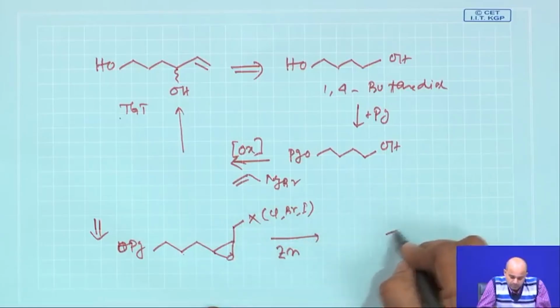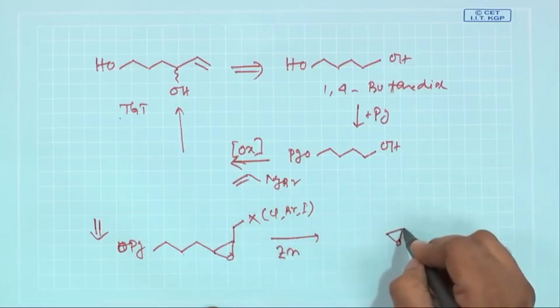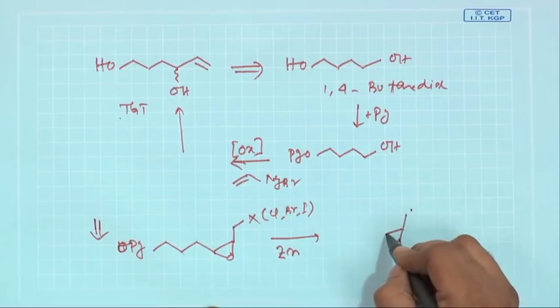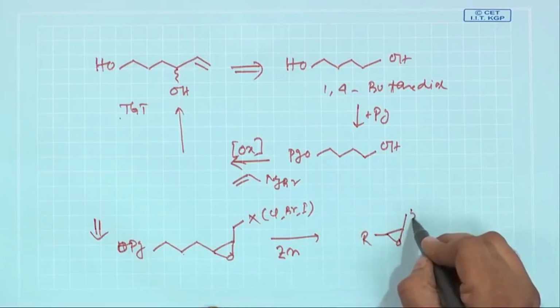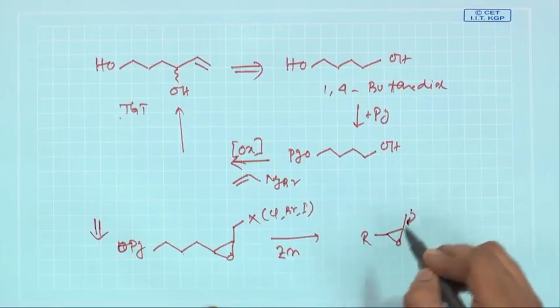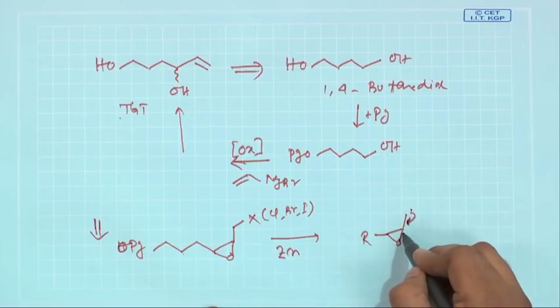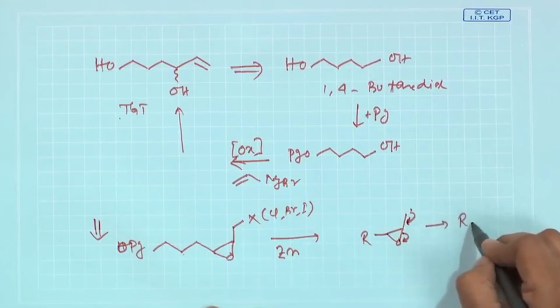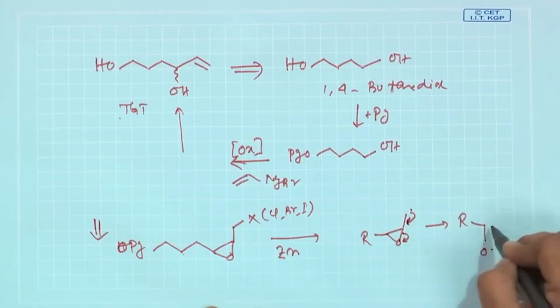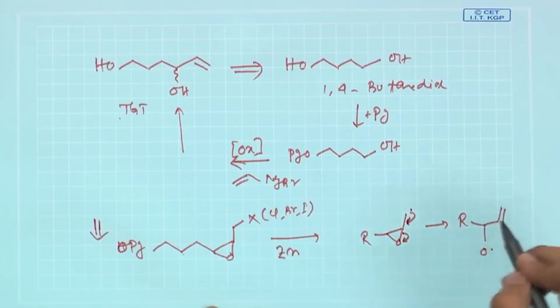Now, if you have a radical species there, this is basically R, I kept it as it is. This radical tends to cleave the epoxide in this way, and it will give you an O radical and a double bond here.